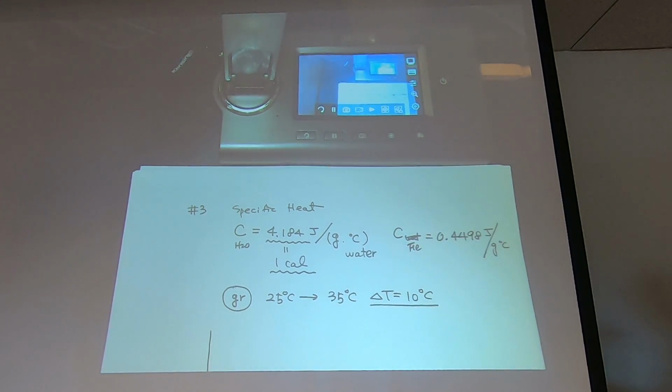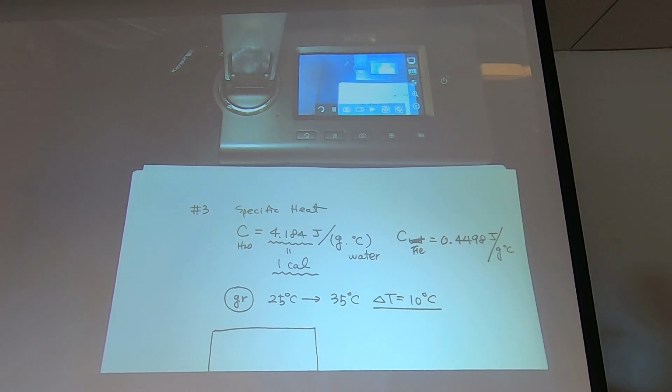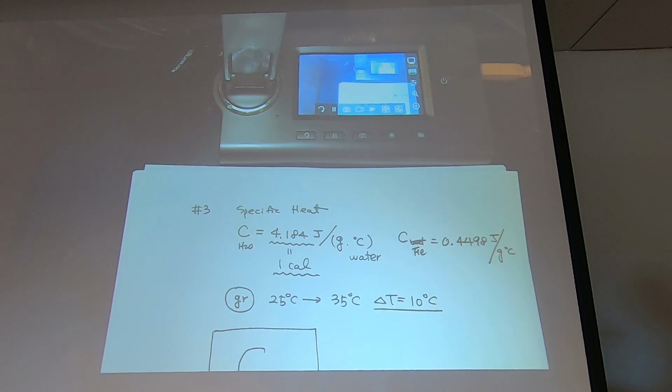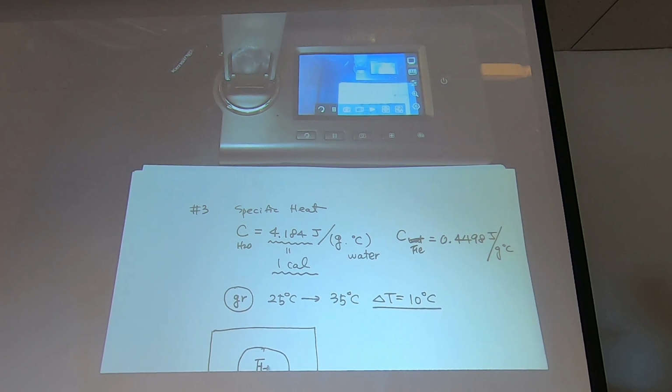So the first scenario here is, I remember this problem now. You are going to put iron here in water.